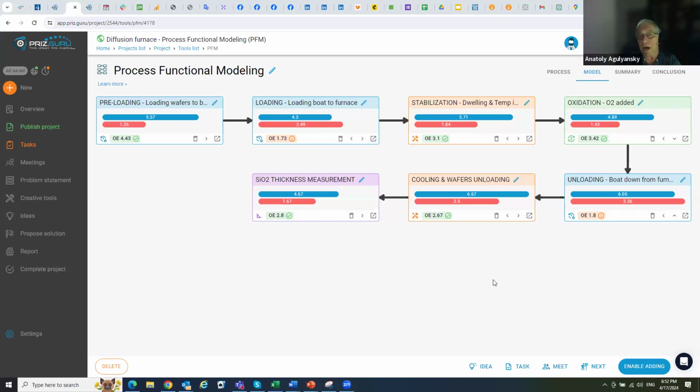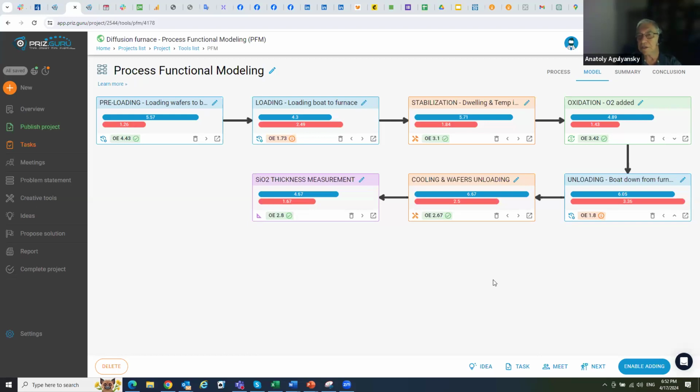Yeah, right. I want to say, root cause analysis with the cause and effect chain of 5 whys is a very, very strong tool. But again, it's not easy. Like functional modeling, like process functional modeling, it's not easy. Each tool is not easy. But you have to make a choice between not easy or impossible.